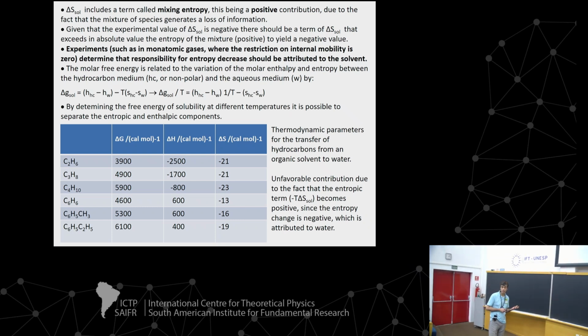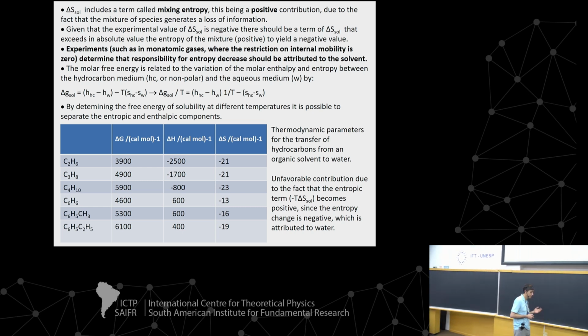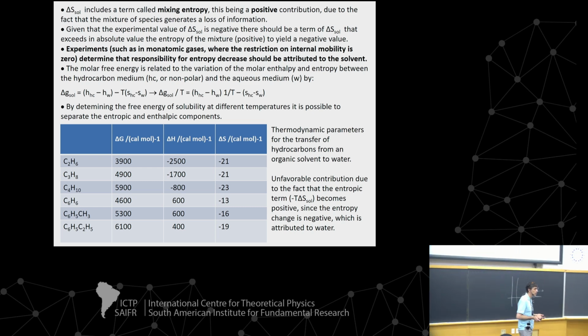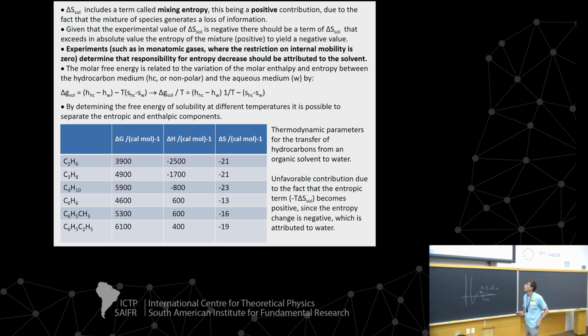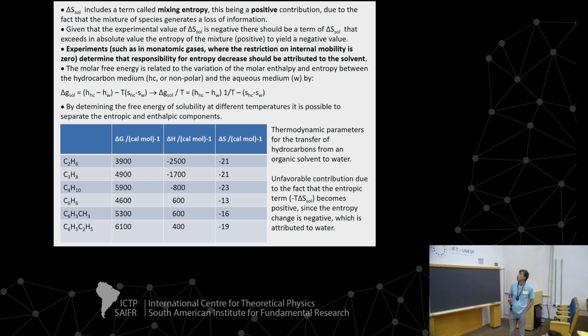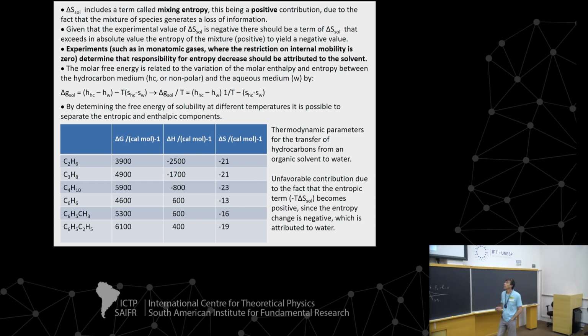Where does this come from? Well, one could think that the internal degrees of freedom of the molecule could be related, but when you study very simple systems like monatomic gases or systems which have no important internal degrees of freedom, you again have this contribution. So the contribution should come from water. There's no other way.